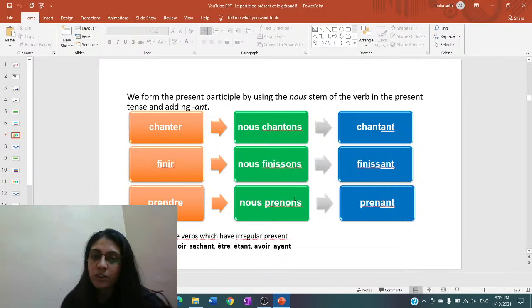Because in the nous form, the verb être does not end with ons, since the conjugation is nous sommes. So when it does not end with ons, we cannot replace it. However, in the case of savoir, it is savons, and avoir is avons, but still these two also have irregular present participles. So these don't form the present participle in the same way. Right?